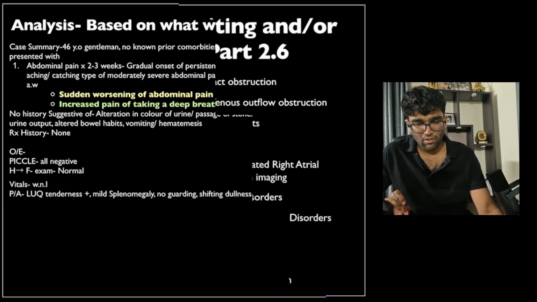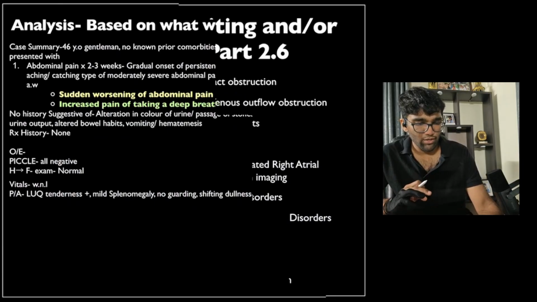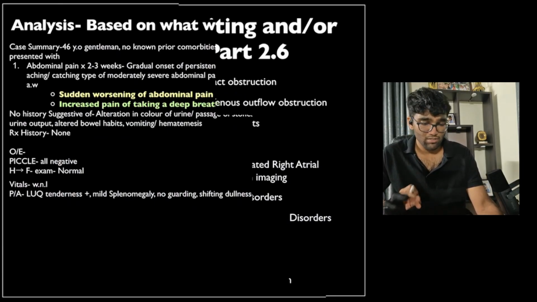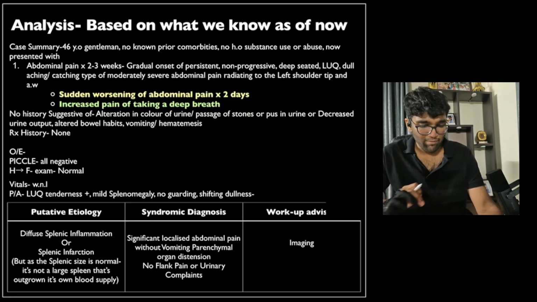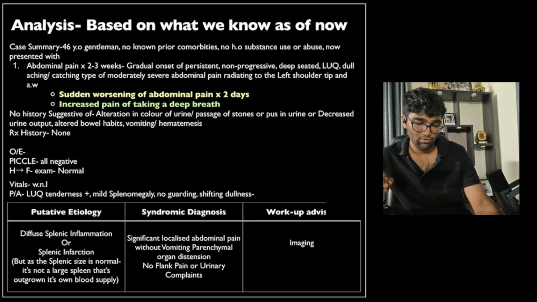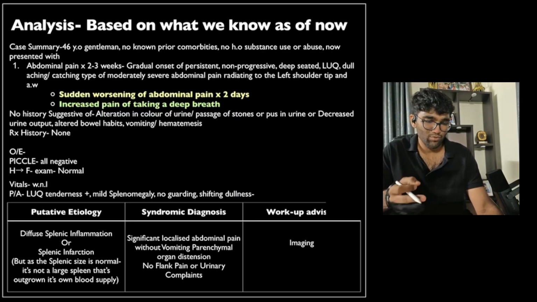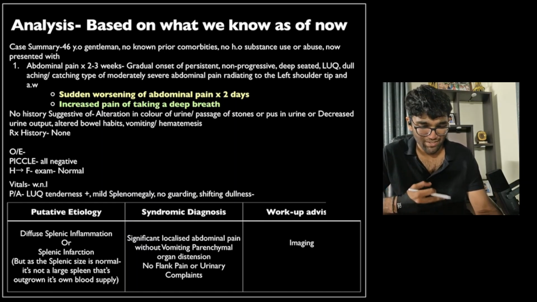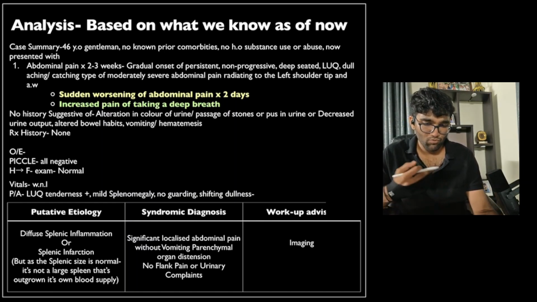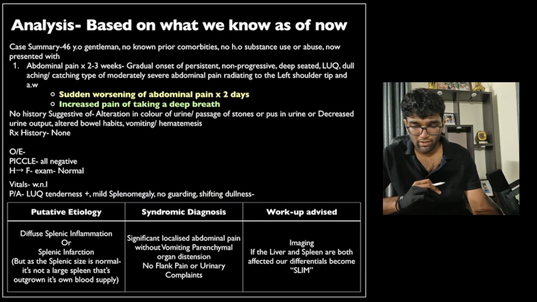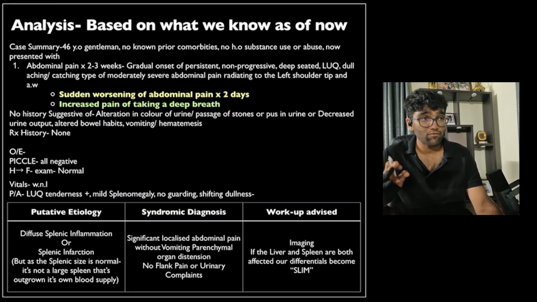Now, based on what we already know, this patient of ours, as we said, required imaging, and based on the imaging we would further decide. On the history only, it is quite obvious that the patient has developed a splenic infarct. Okay, so what was the cause of the splenic infarct and how would you go about it, it would be important, particularly if the liver and the spleen were both affected.